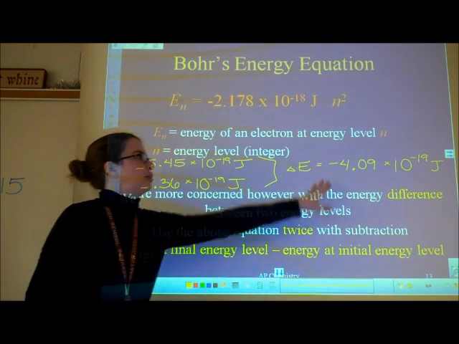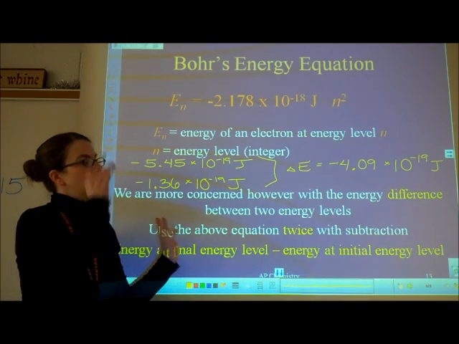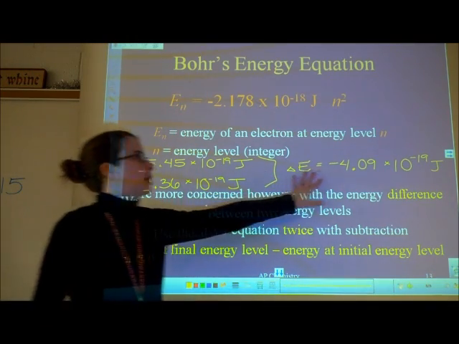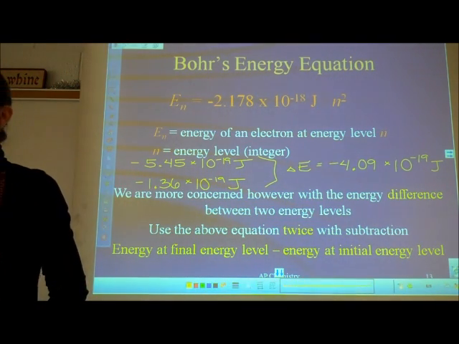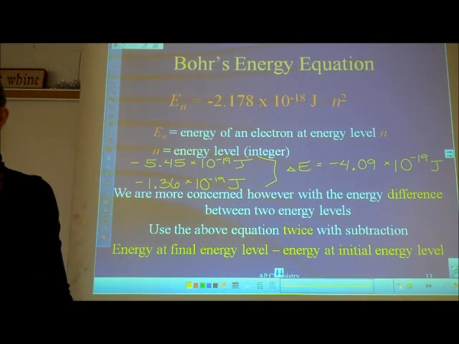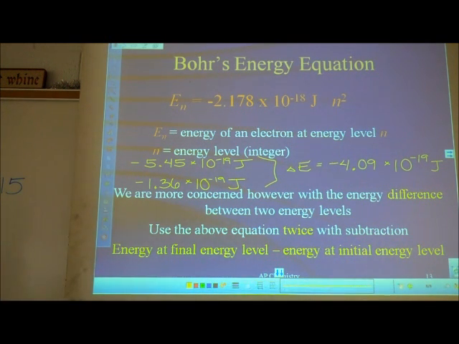I'm mathematically proving to you that energy is released. Okay? And if I really wanted to, we're not going to do this, but what they used to do on the AP exam would be to take this energy, plug it into this equation, solve for a frequency, and figure out what color light that would be. Okay? We don't do that anymore, but we used to do that.